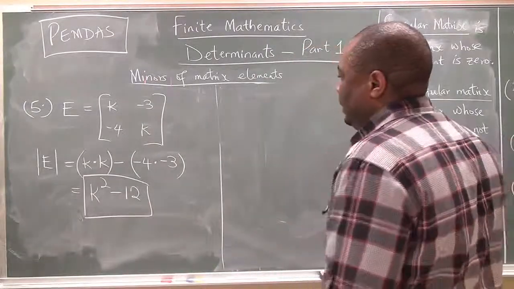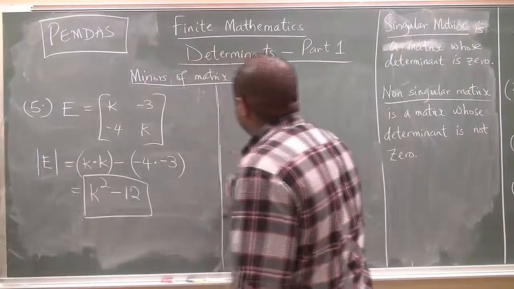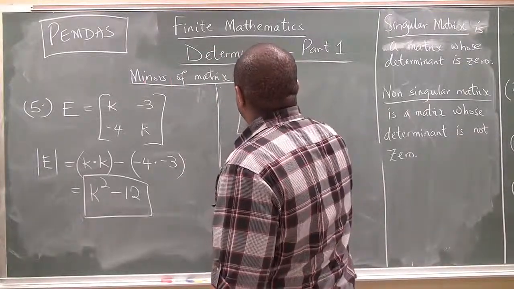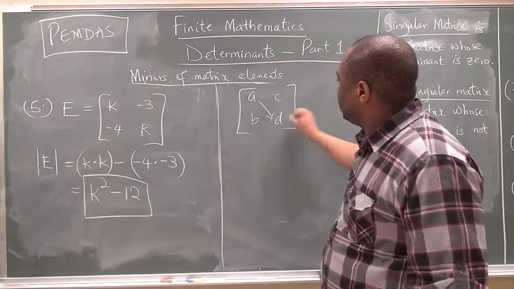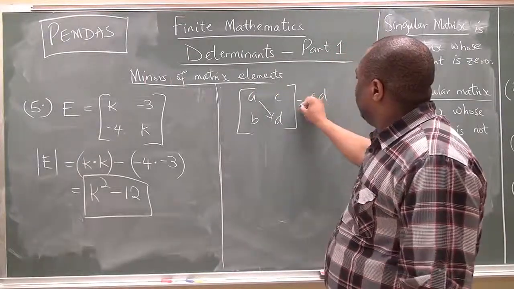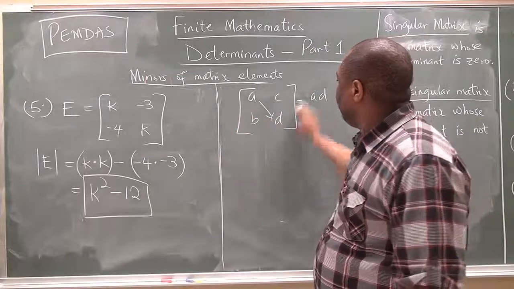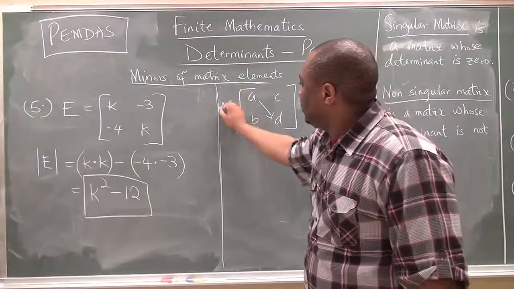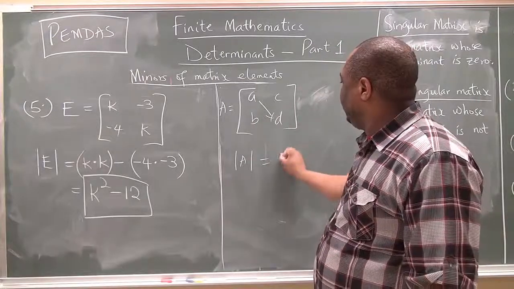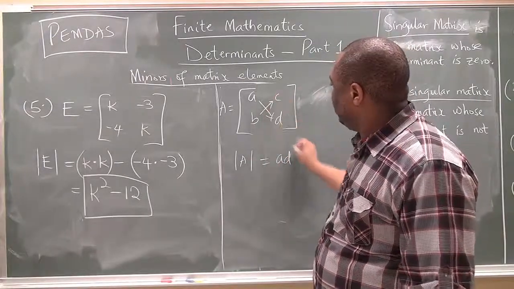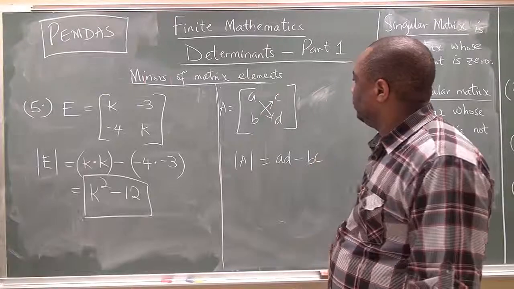Now, some textbooks will write it this way: if it is A, B, C, D, the determinant will be AD, then minus BC.